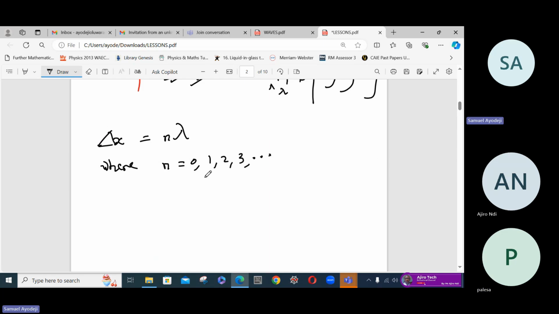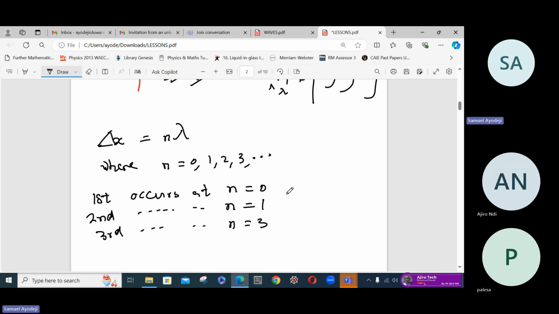Now, what does it mean? For the first constructive interference, it occurs at n equal to 0. The second occurs at n equal to 1. The third occurs at n equal to 2.